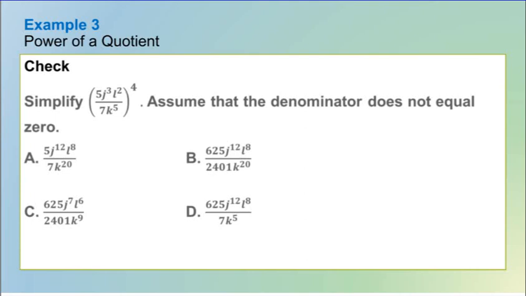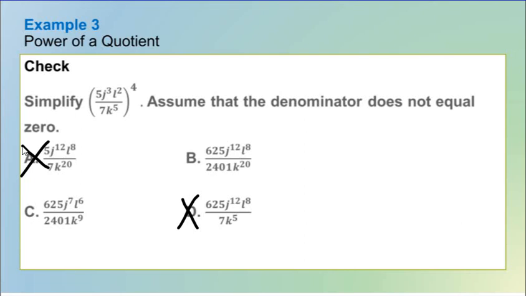Next one, simplify this one. Here's multiple choice. So I know right off the bat it's not A because they didn't raise 5 to the 4th power or 7 to the 4th power. I know it's not D because they didn't raise 7 to the 4th power in the denominator. That leaves us with B and C. Now if I look at the exponents, raise 3 to the 4th power, that would give us j to the 12th.